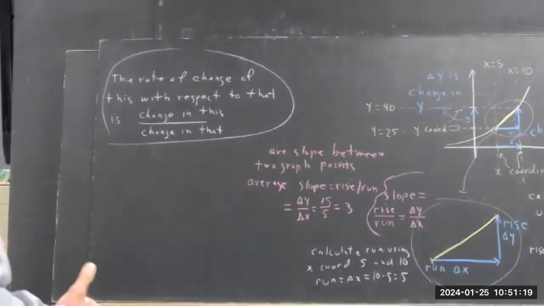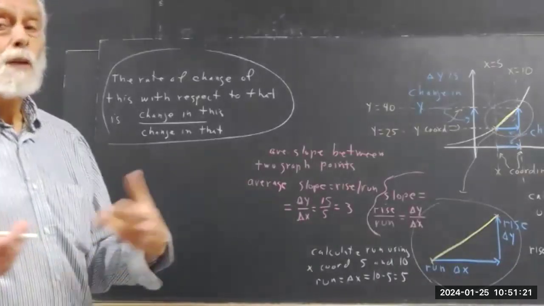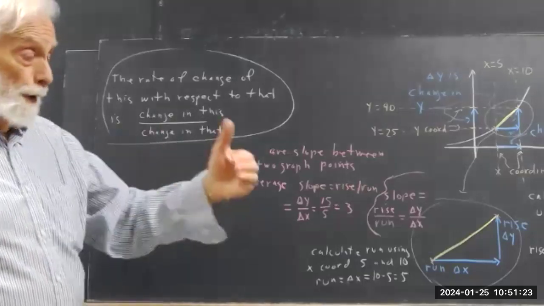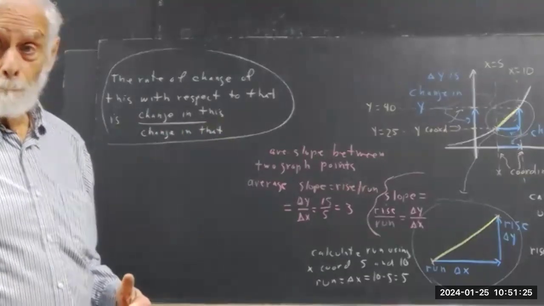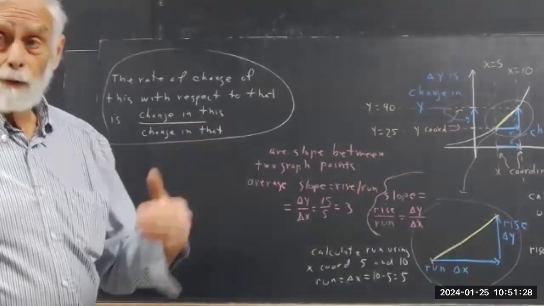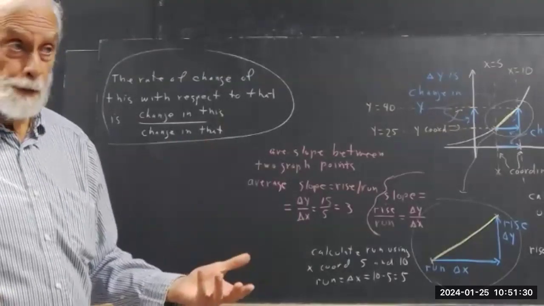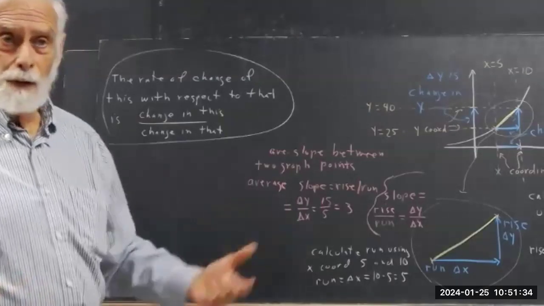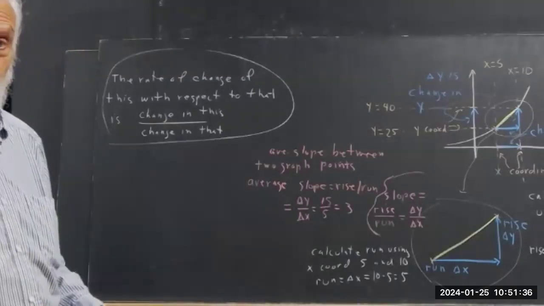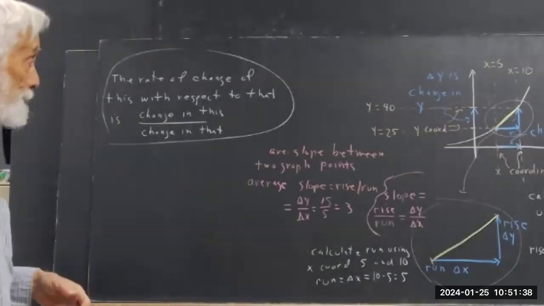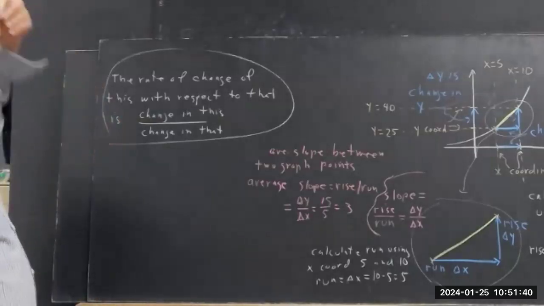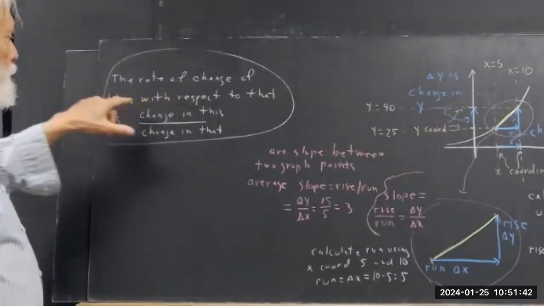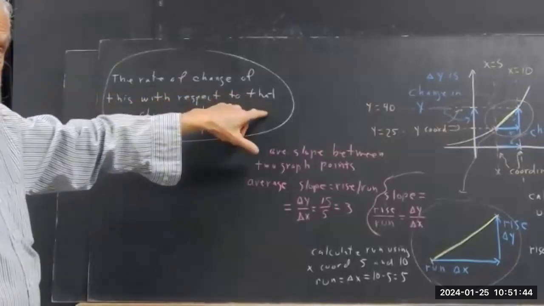You divide the number of dollars by the number of hours. $100 divided by 20 hours gives you $5 an hour. Not great money, but if you don't have anything better to do with 20 hours, $100 is worth looking for. So that's the rate of change of your money with respect to time.